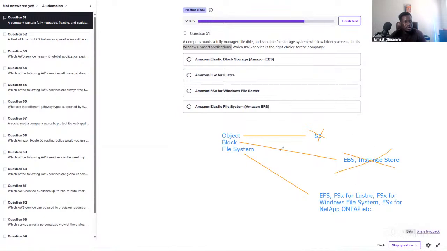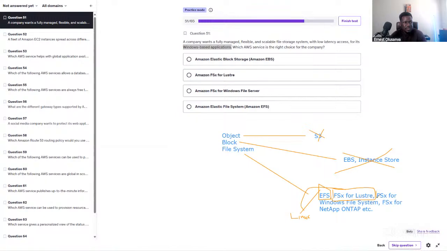Next thing we will have to do is look into the file system and then look at the one that works with Windows. EFS, okay, I'm going to try and just draw a rectangle here. EFS works with Linux. Okay, so that's gone. Also FSx for Lustre, like I said, works with Linux. So definitely that also is out.